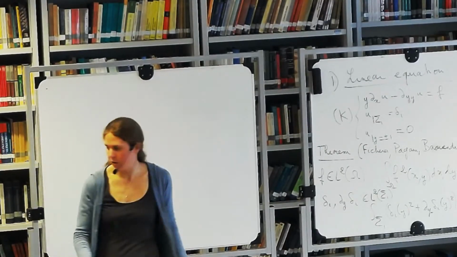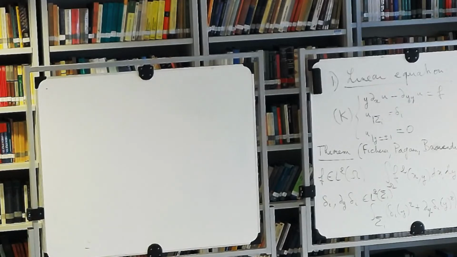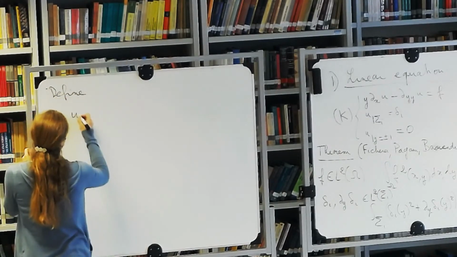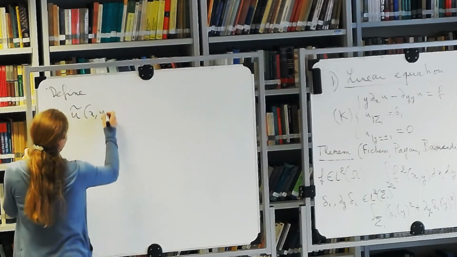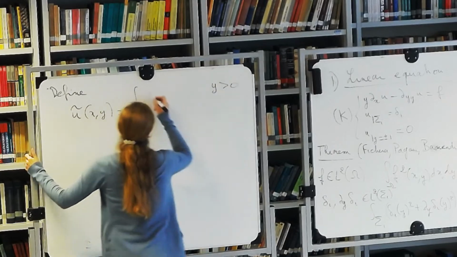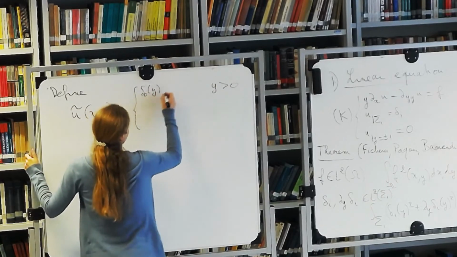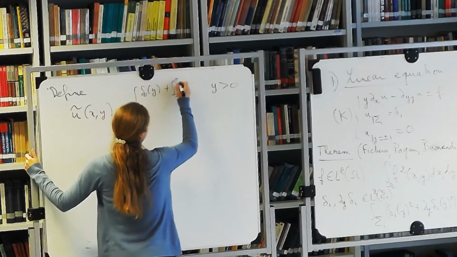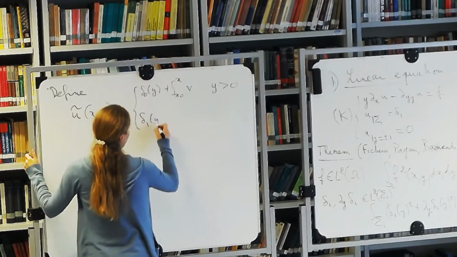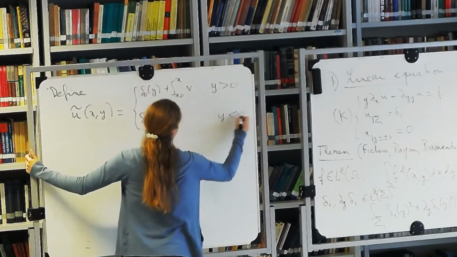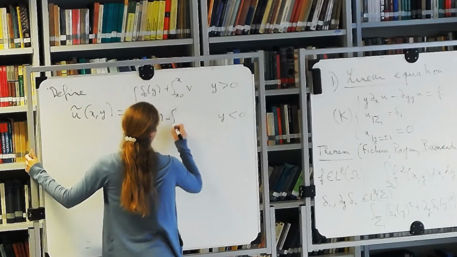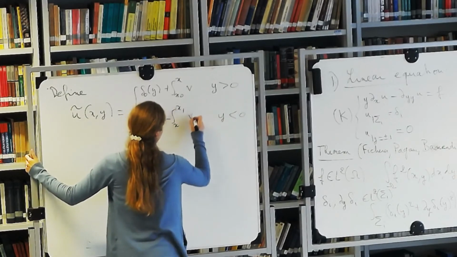If this is a good candidate for ∂xu, you can integrate in x, and you find a solution. Let's define this ũ of x and y. When you are in the upper half domain, you integrate from x0, and when you're on the lower half domain, you integrate from x1, so it will be minus the integral from x to x1 of v.